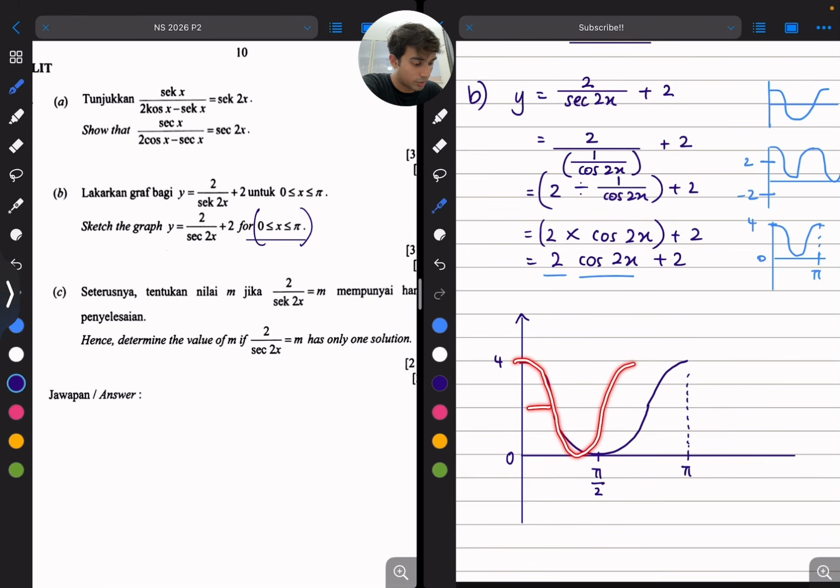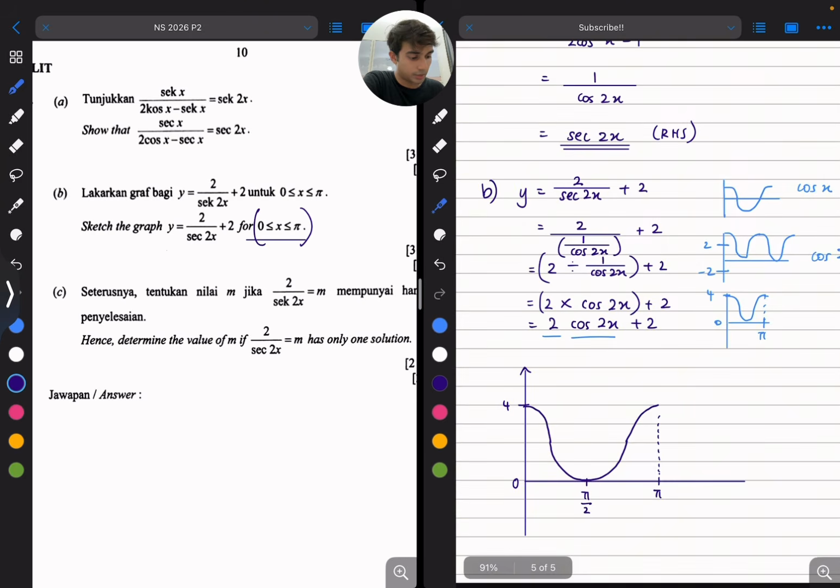This one is wrong because this one is 1 part, this one looks like one more part, and this one is 1. The graph must be fatter here, because this is 2 parts. So the cos graph has 4 parts altogether: 1, 2, 3, 4. Don't forget that.